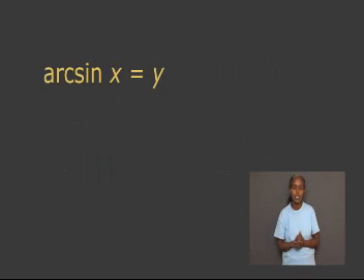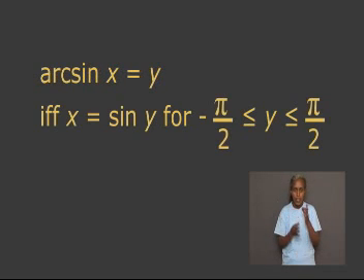The arcsine function is defined by arcsine of x equals y if and only if x equals sine y, where y is greater than or equal to -pi over 2, but less than or equal to pi over 2.